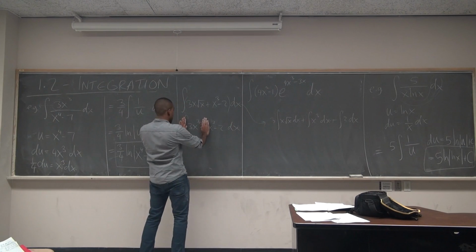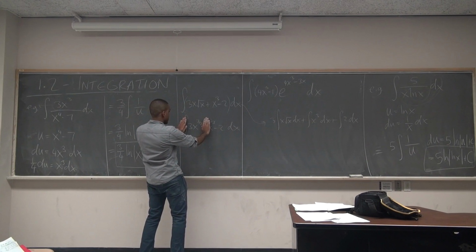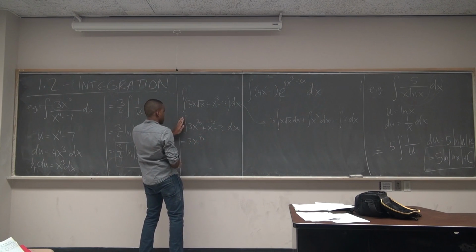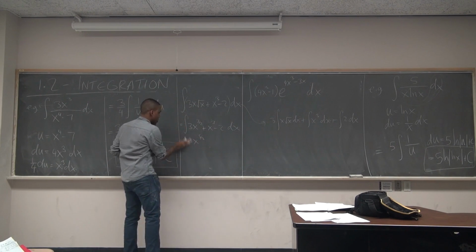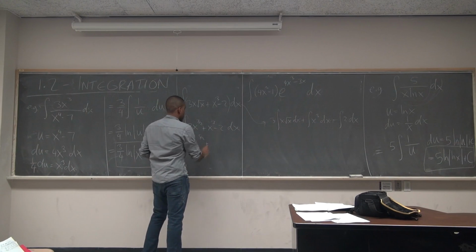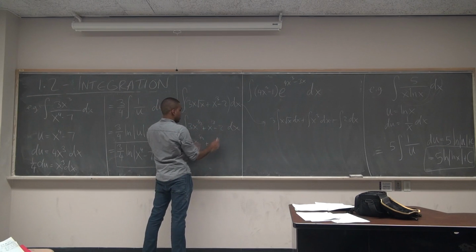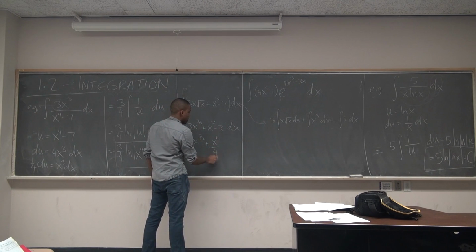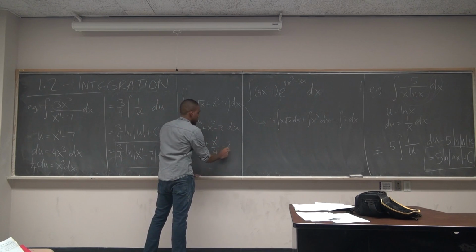So I just worry about this guy first. What's the integral? 3x to the 5 over 2, over 5 over 2, which is the same as multiplying by 2/5, plus x to the 4th over 4 minus 2x.